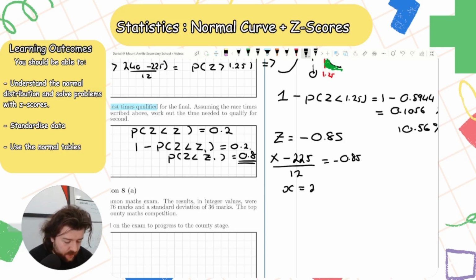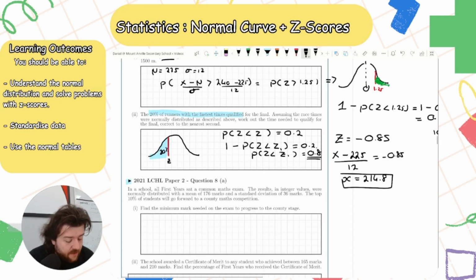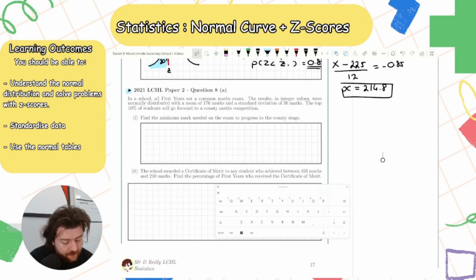X is equal to 214.8 seconds. So if you basically score at most that or below this, if you ran the race in less than 214.8 seconds, you were in the top 20%, and that means you qualified for the final.